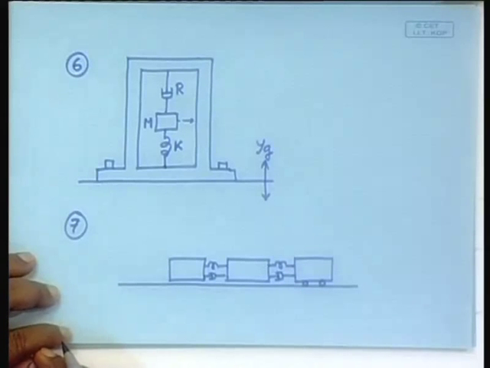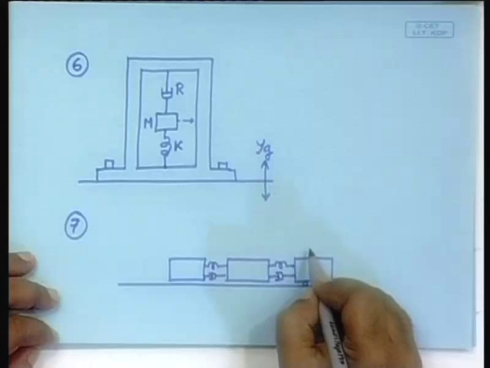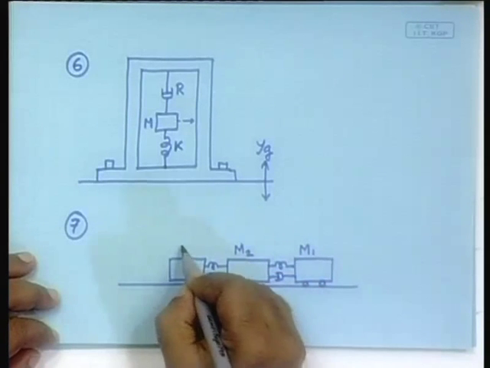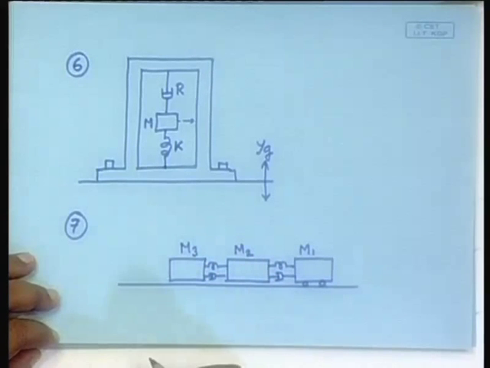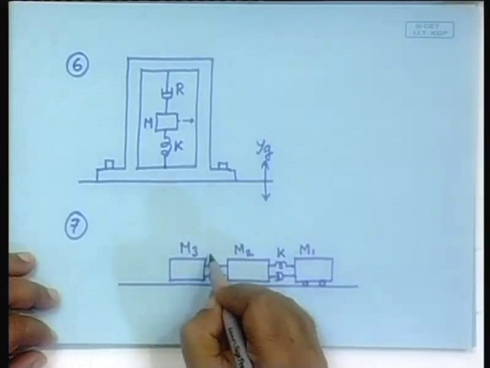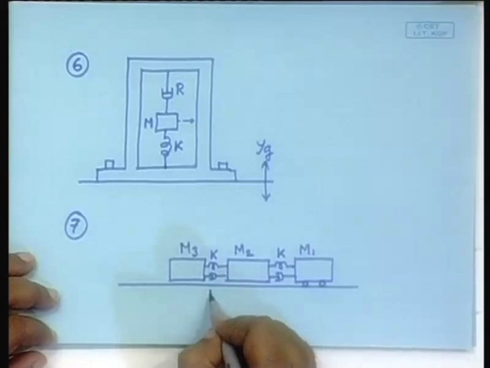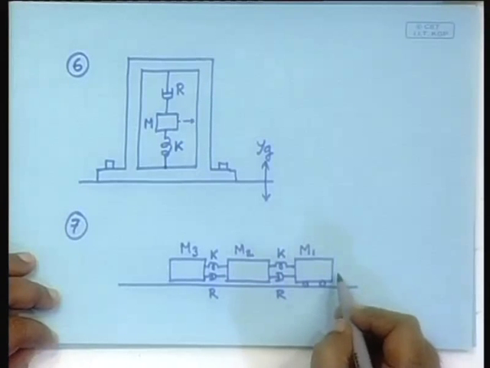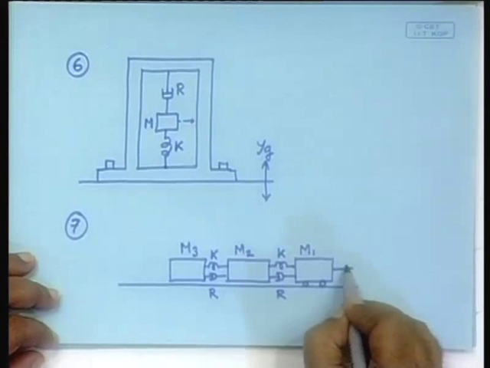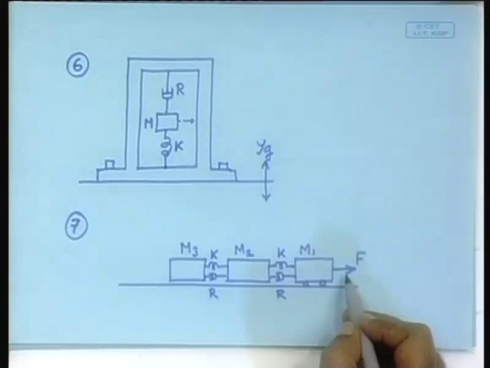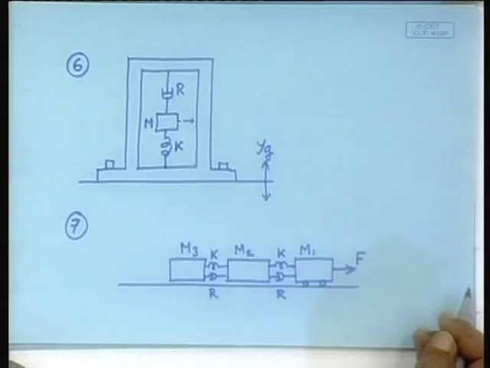So, you have three masses m1, m2 and m3. There are two springs, let them be equal, so, k and k. There are two dampers, let them be equal, r and r. And obviously, this fellow is pulled with a force F, that is the engine force, force provided by the engine. So, make a model of that.